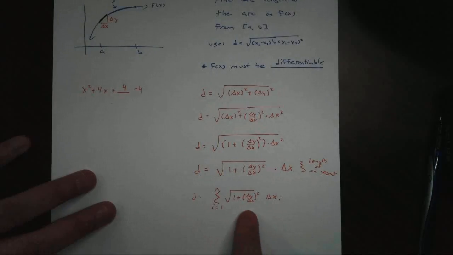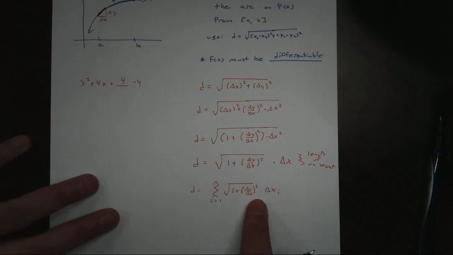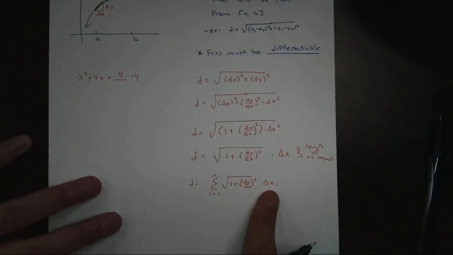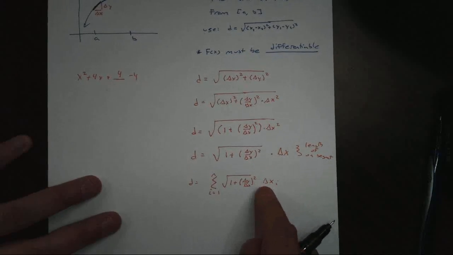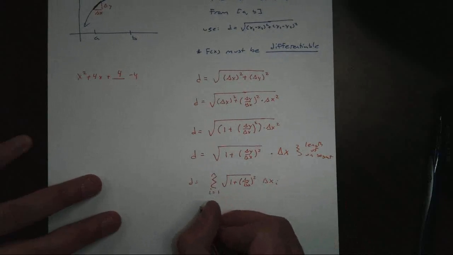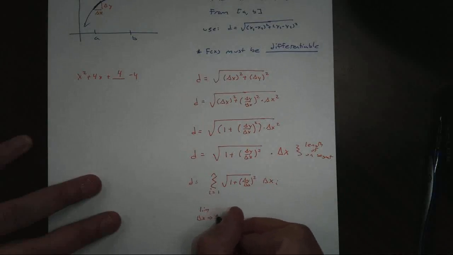And this is going to give me the sum of all of them. Well, using a bit of calculus, we're going to let delta x go to 0. So we take the limit as delta x goes to 0 of our summation.